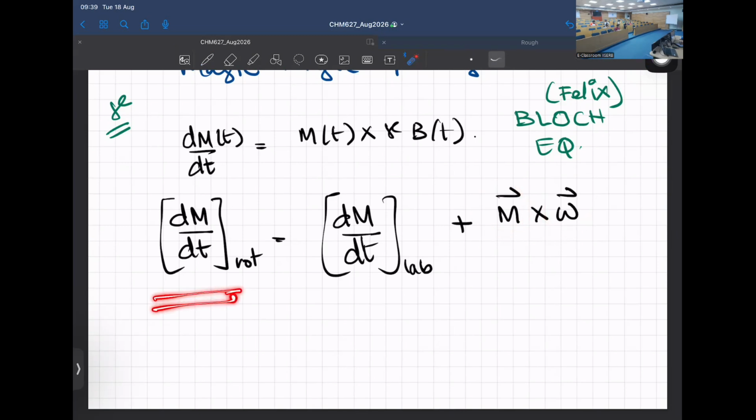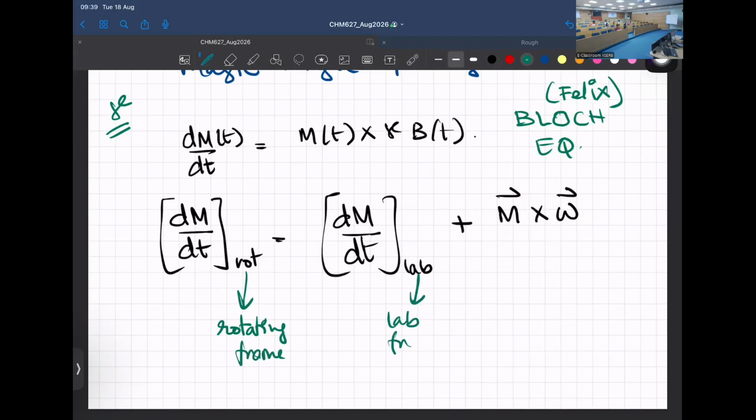What we are trying to say is, from the rotating frame, if you ask how does the magnetization change as a function of time, plus the angular frequency of the rotating frame.